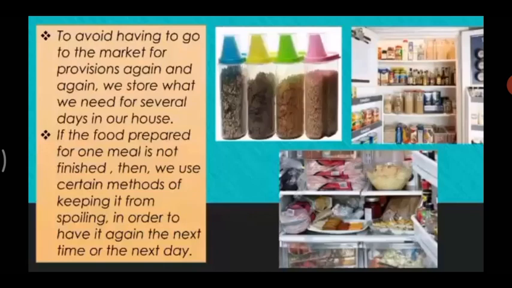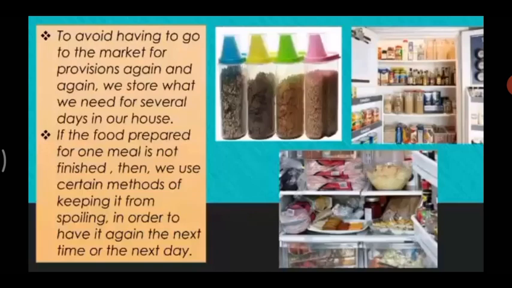If for the lunch, you have cooked the food and it is left, what will you do? You can't throw that, right? So what we do is we preserve it. We either keep it in the refrigerator or keep it in a dry place and preserve it. Okay, so we use certain methods of keeping it from spoiling. So what do we do to keep it safe?